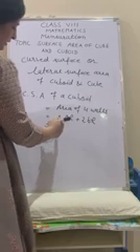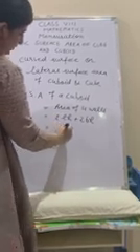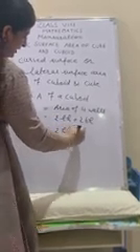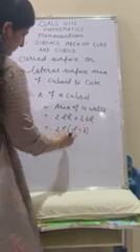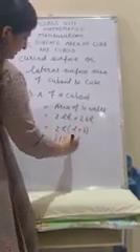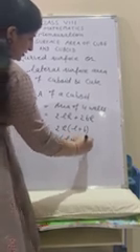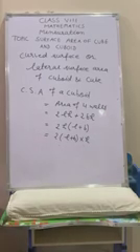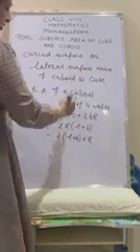When we take 2 and H common, we find L plus B. It means we can write 2 times L plus B, multiplied by H. So it is the formula for the curved surface area of a cuboid. Area of 4 walls, curved surface area and lateral surface area of a cuboid are all the same.